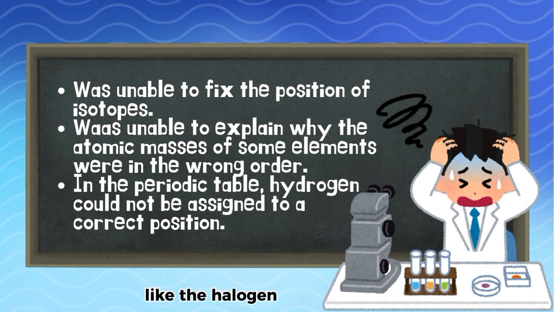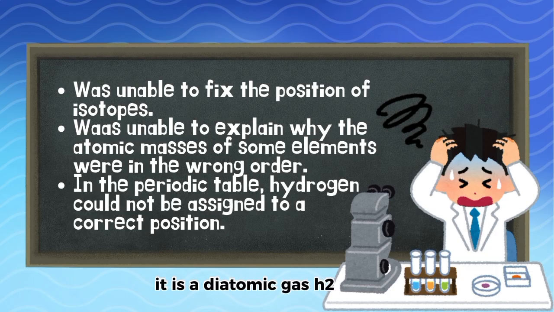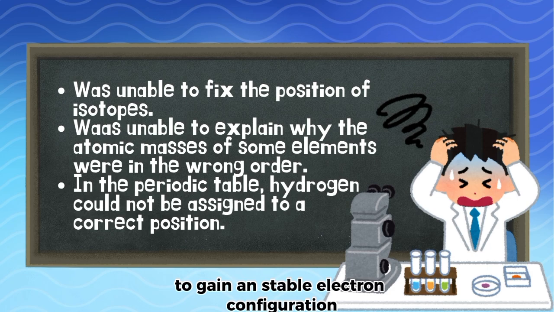Like the halogens, group 17, it is a diatomic gas, H2, and can form a -1 ion, H-, a hydride, to gain a stable electron configuration.